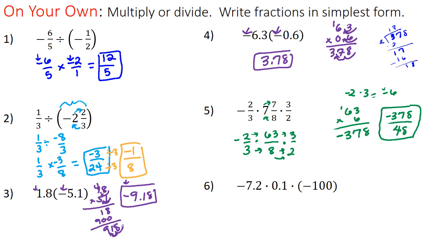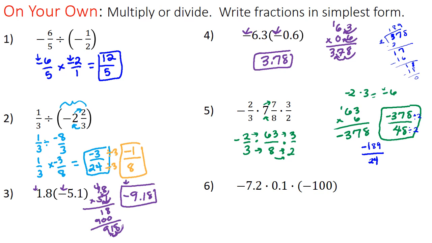I bring down that 8. And 2 goes into 18 9 times, so that's going to be 18 minus 0. So I'm going to end up with negative 189 all over 48, which is also going to be divided by 2. And when I divide 48 by 2, I'm going to end up with 24.